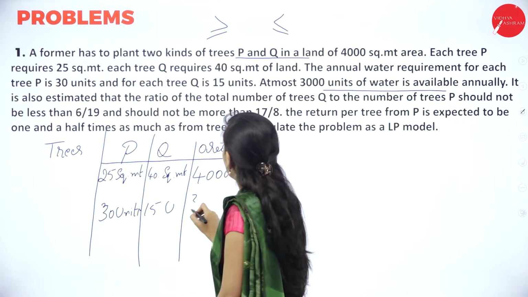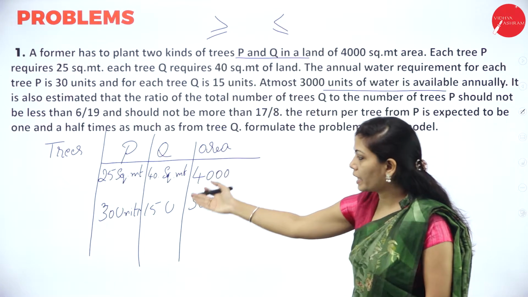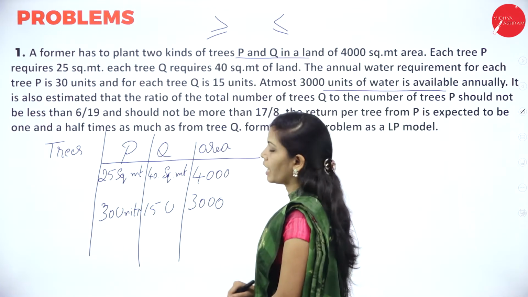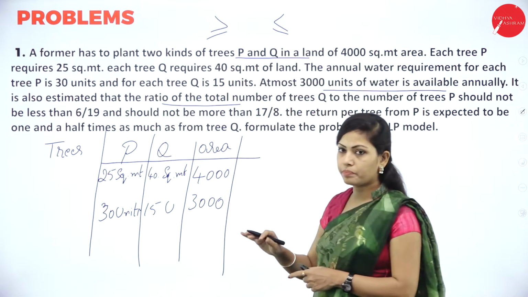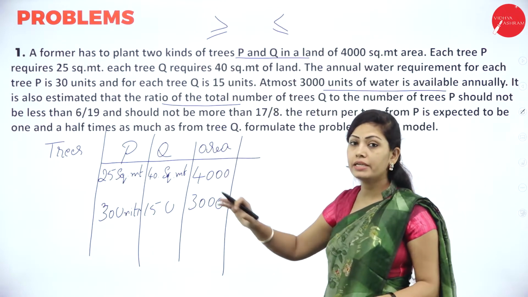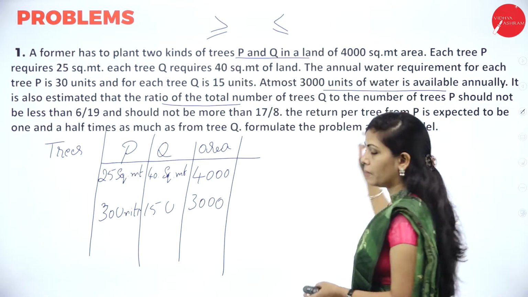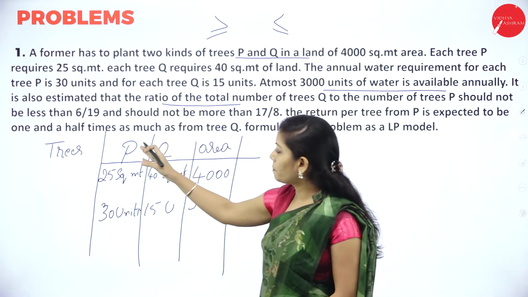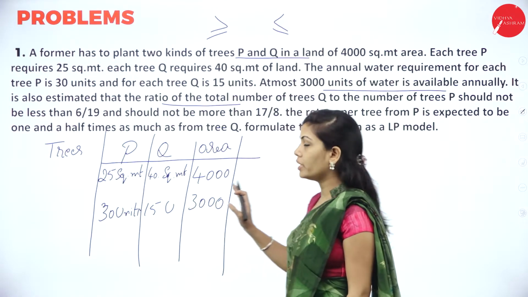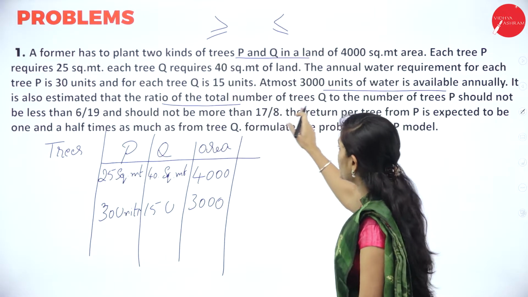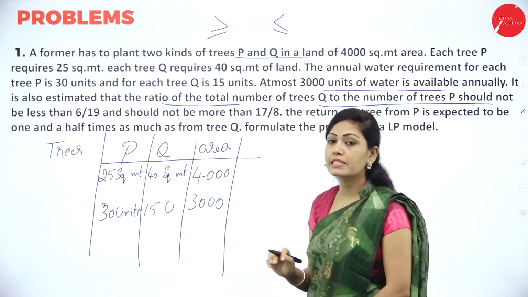So 3000 units of water is available for tree P and for tree Q. And it is also estimated that the ratio of the total number of trees Q to the number of trees P, listen carefully. For P, I will take the decision variable as X and for Q, Y. The ratio of the total number of trees Q to the number of trees P should not be less than 6 by 19.